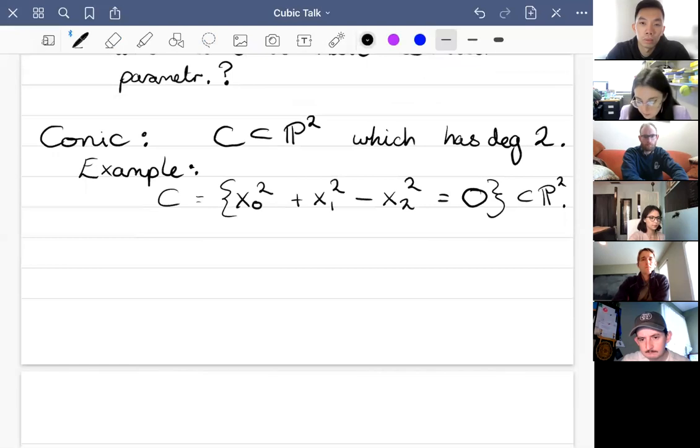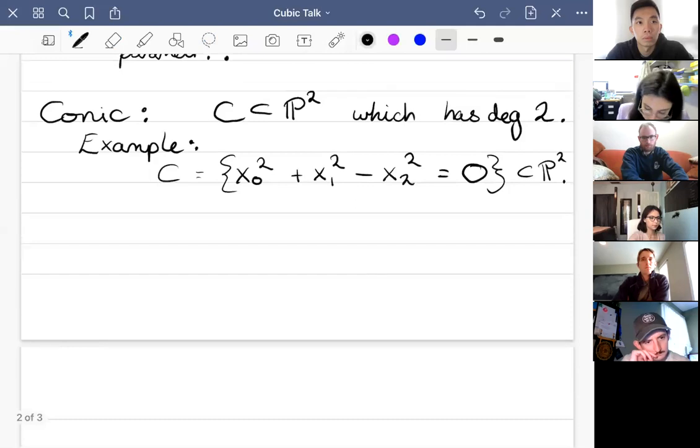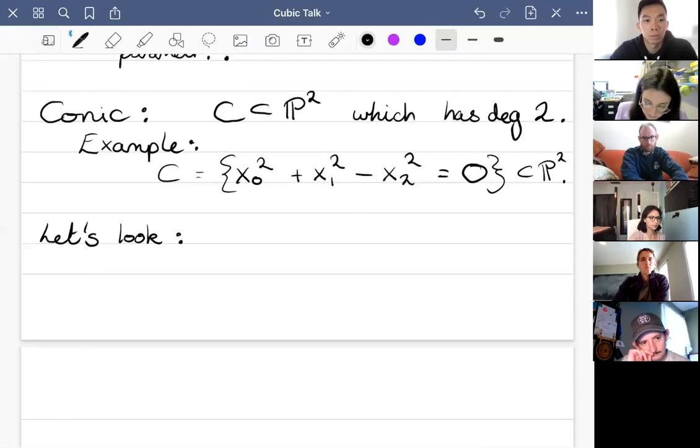And again, we want to see if we can somehow relate this back to P1. So this should be something familiar in a second. Let's look at a picture of this in a standard chart. I want to consider the chart where x2 is non-zero.